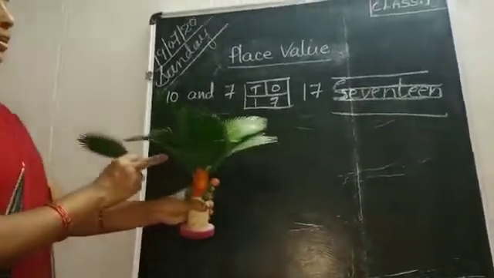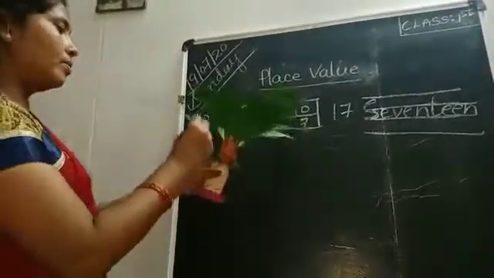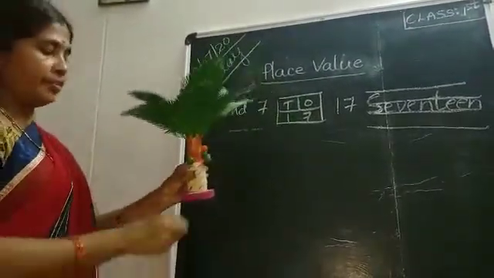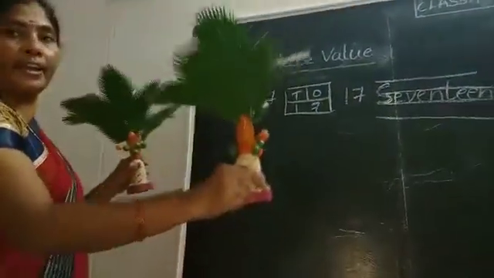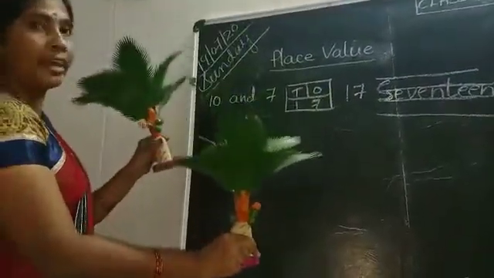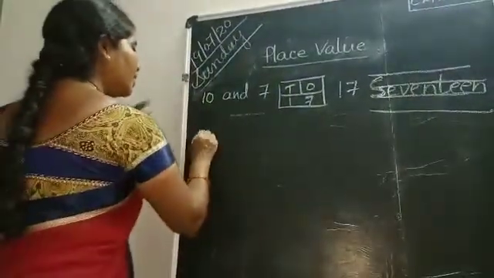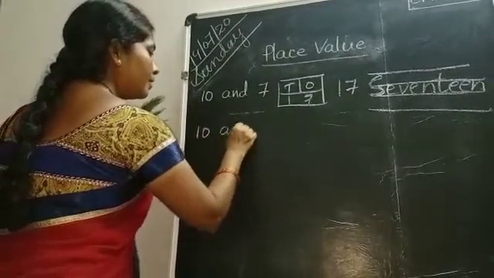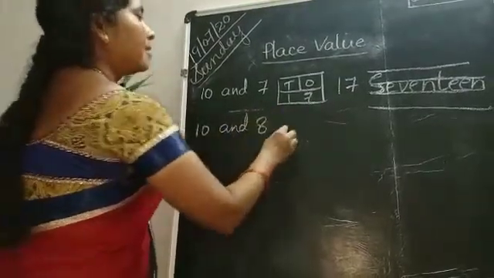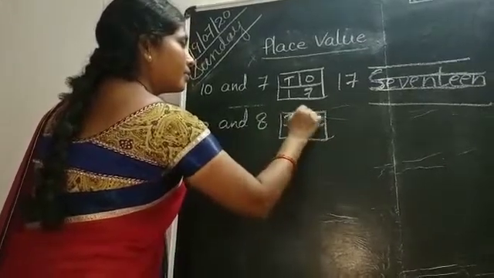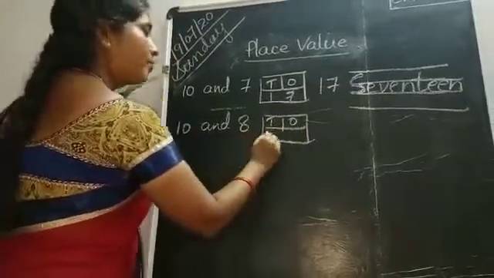Now already 7 are there. Now one more. Now 8 ones. How many ones? 8 ones. Here one 10 and 8 ones, 18. How many tens? 1.